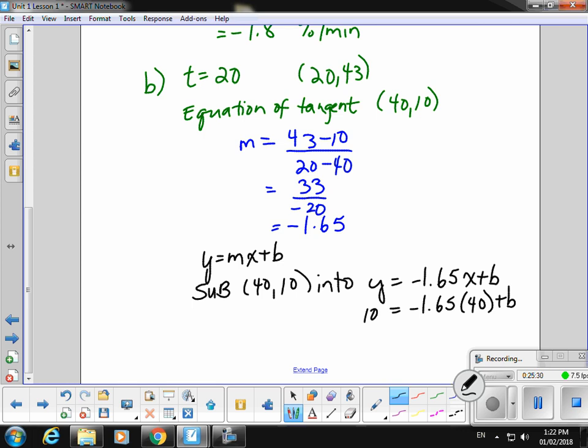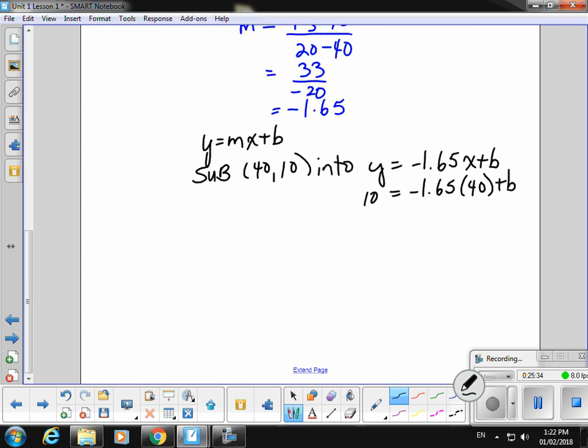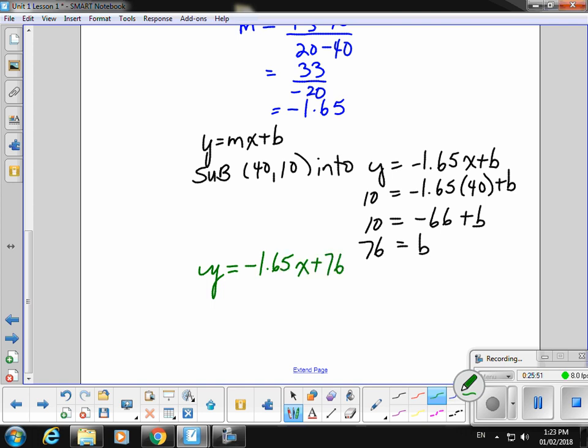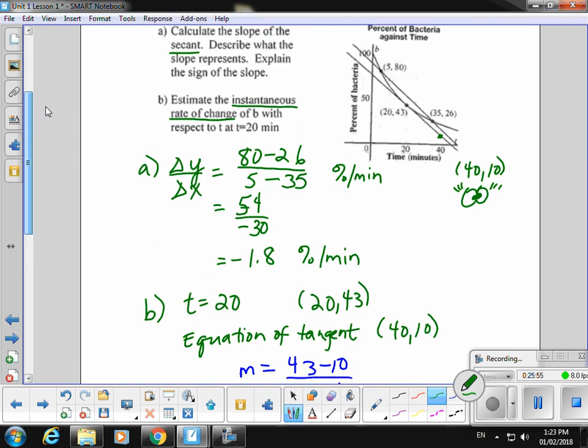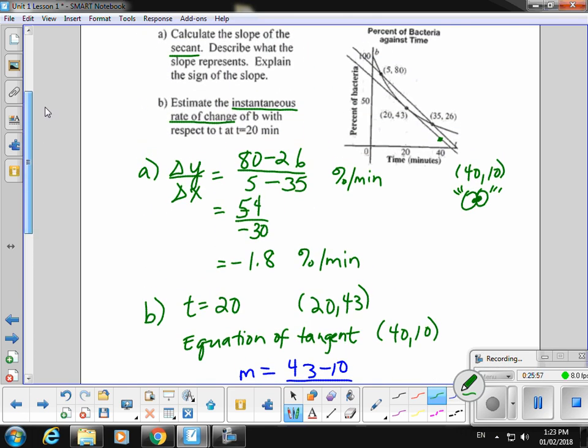And again, you're blindly trusting my arithmetic, so if you have a calculator handy, you should always check. Negative 66 plus b, add 66 to both sides. Final answer. The equation of my tangent line is y equals negative 1.65x plus 76. Does that look representative on the graph? Where is it? 76, sure. Looks pretty reasonable.